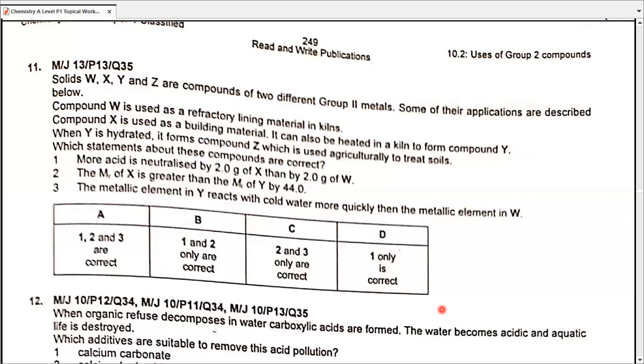So it can either be A or C. Now, MR of X is greater than MR of Y by 44.5. When Y is hydrated, it forms compound C, which is used agriculturally to treat soils. Y is hydrated.